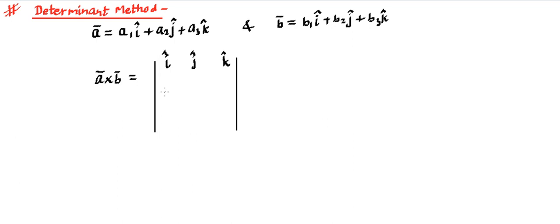So this is the corresponding coefficient. A1 is the I coefficient, A2 is the J coefficient, A3 is the K coefficient, so that will be written there. Similarly, in the third row we will be writing the components of the second vector, so they are correspondingly B1, B2, B3.